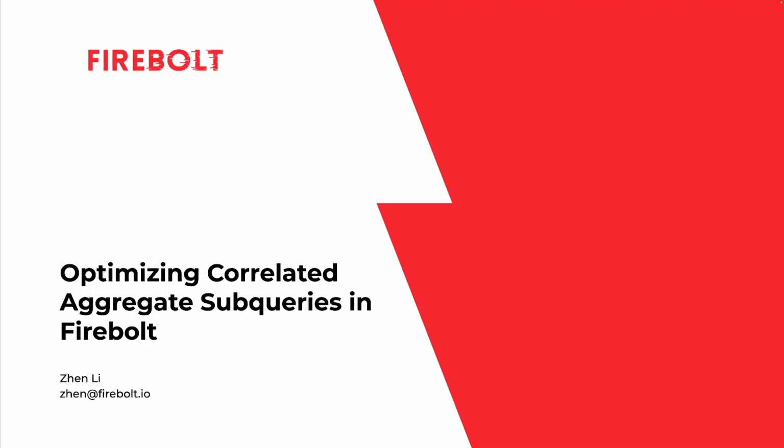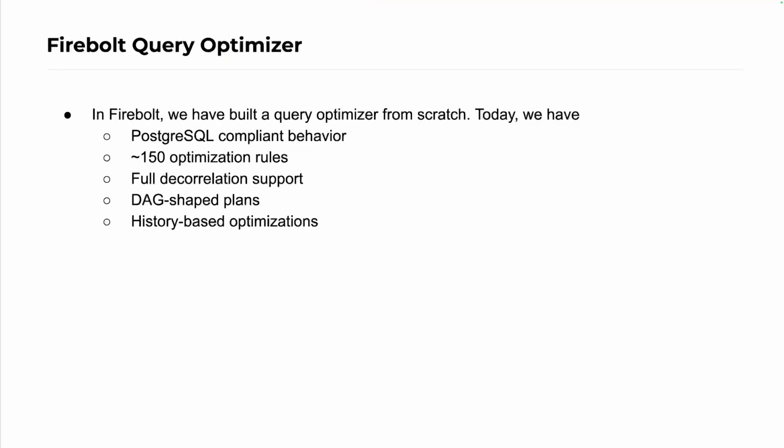The optimization techniques we're going to talk about are related to correlated aggregate subqueries. Before going into the details, let's have an overview of the Firebolt query optimizer. In Firebolt, we have built a query optimizer from scratch. Today, we have PostgreSQL compliant behavior. When we say compliant, we mean not only syntax, but also semantics, like how we resolve functions, how we derive data types, and so on.